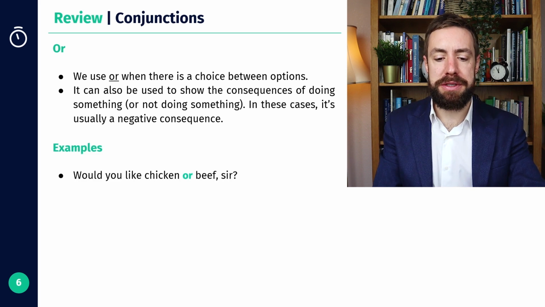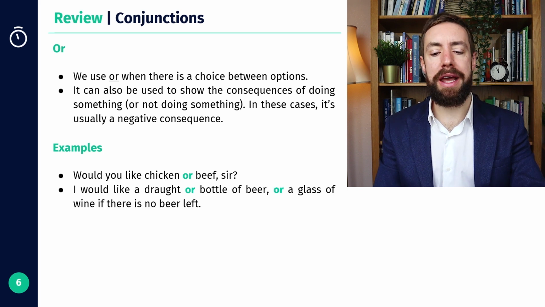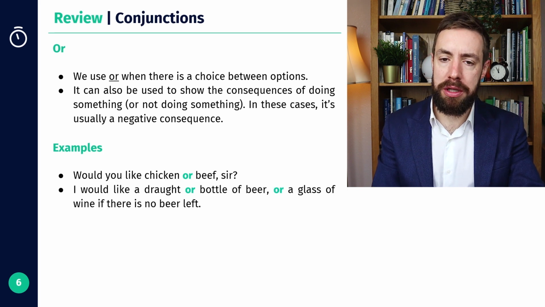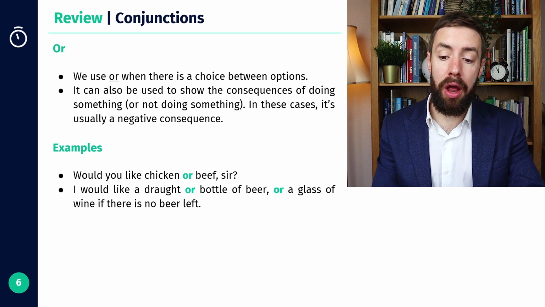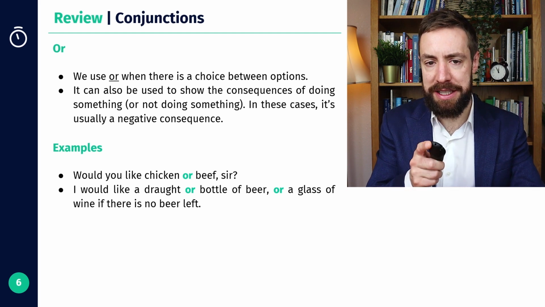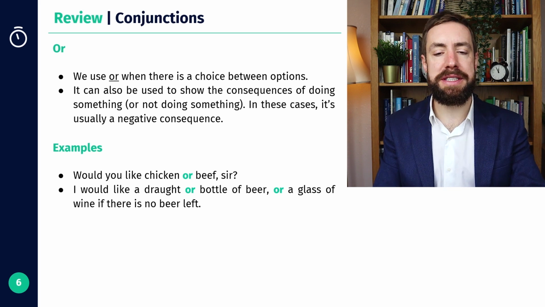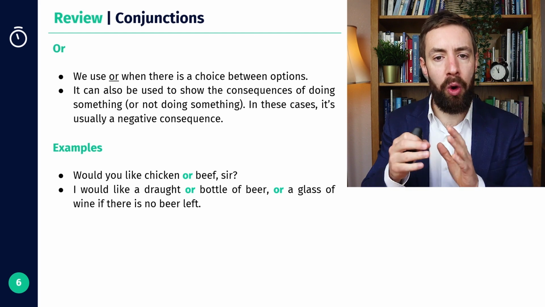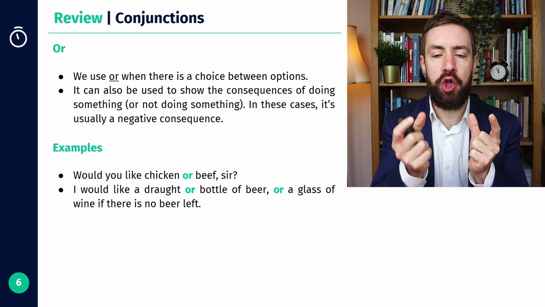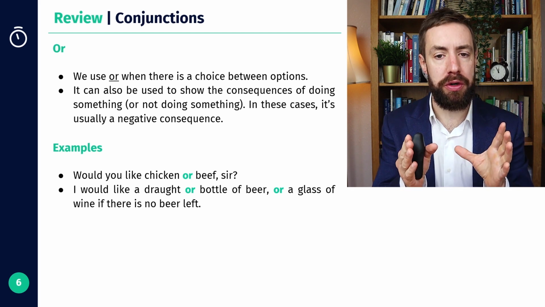So, some examples. Would you like chicken or beef, sir? I would like a draft or bottle of beer, or a glass of wine if there's no beer left. Now, something we should pay attention to is where we've used the commas there. So you can see the chicken or beef. Those are just two nouns, two different options that are very short.